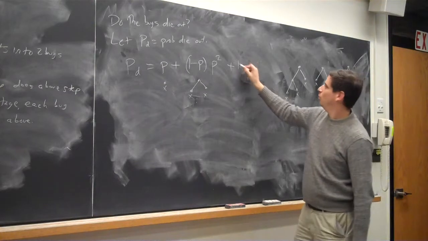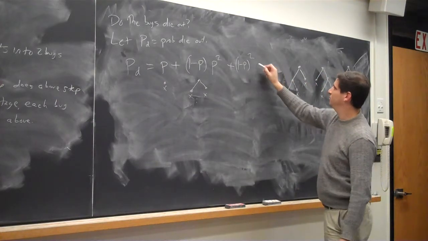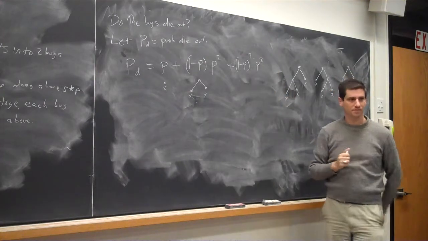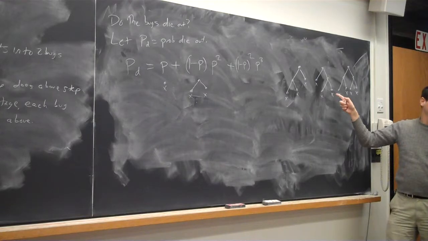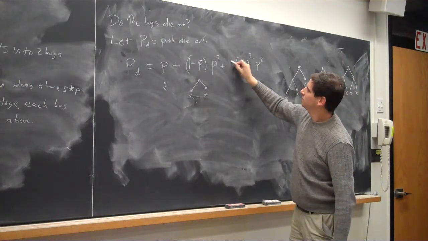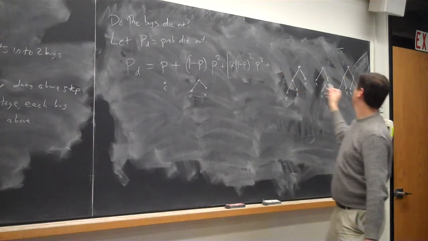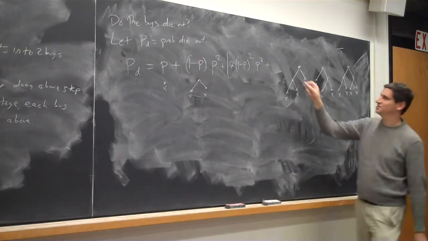So I think it's (1 minus p) squared and then p cubed. And then over here, same thing. And this one, (1 minus p) cubed, p to the fourth. Yes.